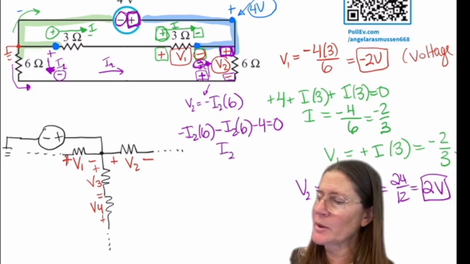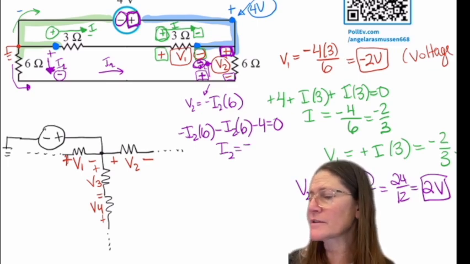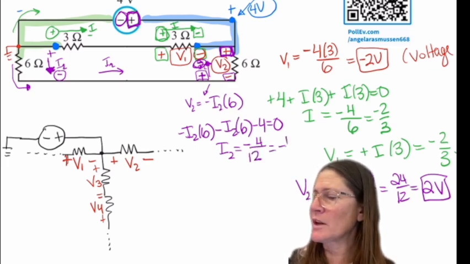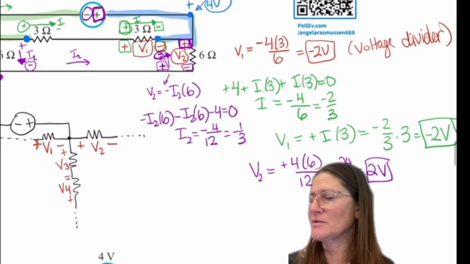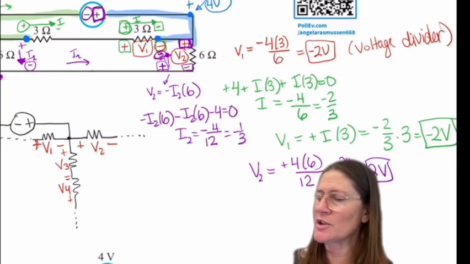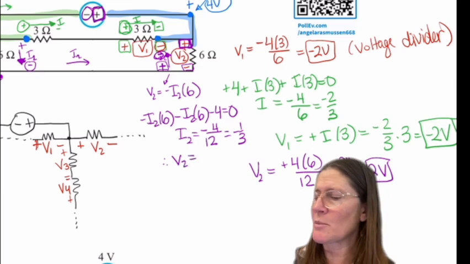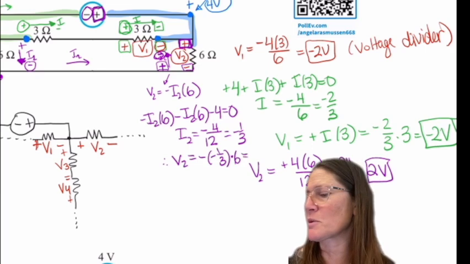So this gives me I2 is a minus 4 over 12, for minus 1/3. Wait, minus, and then V2 is a minus 1 over 3 times 6 for positive 2 volts.